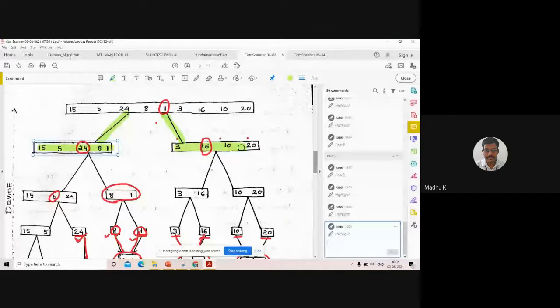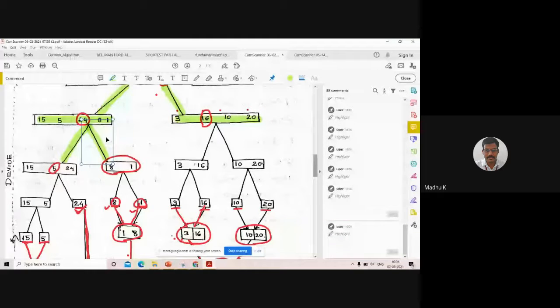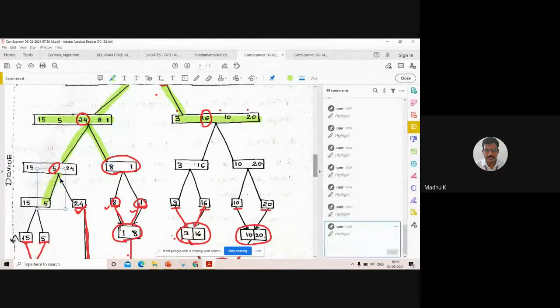Next what we will do, we will divide this one next. If you divide this one, then it will become like this. So we are following this: at first we will divide the problem into small sub problems.